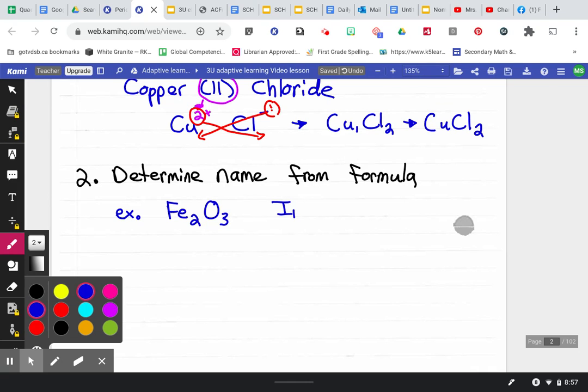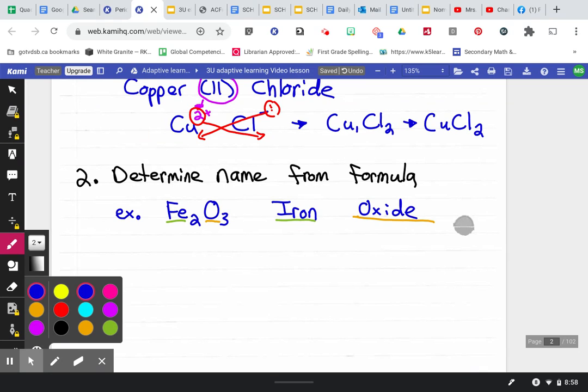This is going to be iron. We know that we can put the name of our nonmetal, O. So I'm going to write that right here. We don't write it as oxygen. We give it the ending -ide.